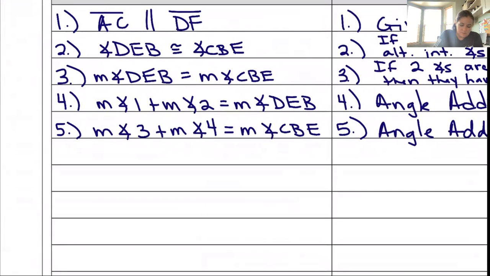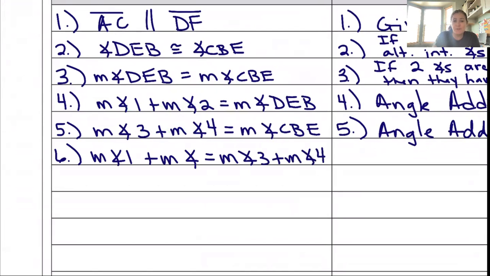Next up, we can say since these two angles here are congruent to each other, because we just said it in step 3, then I can say that the measure of angle 1 plus the measure of angle 2 is going to equal the measure of angle 3 plus the measure of angle 4.